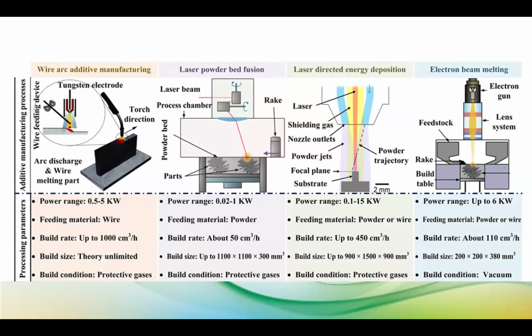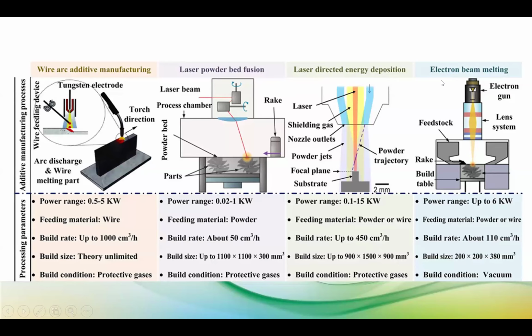Looking at the third portion, build rate, it is something like 100 cubic centimeters per hour for wire arc additive manufacturing. While comparing the others, for laser powder bed fusion it is only 50 cubic centimeters per hour. For laser direct energy deposition, it is 450, around half only. And for electron beam, it is 1 ton only.